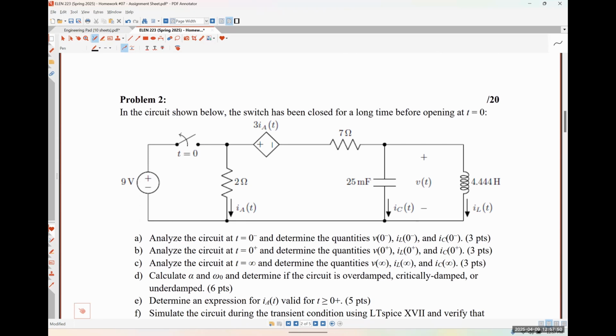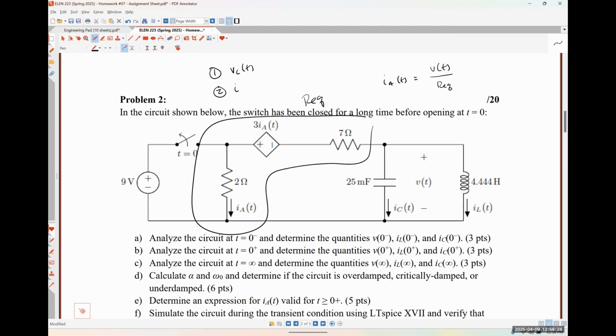If I recognize, and you have to recognize this at some point in order to actually solve this circuit, that this whole thing right here is some equivalent resistance, then the easiest way to solve this is recognizing that IA is just going to be V of t divided by Req. So if you solve for the capacitor voltage, from this, equation 1 is VC and 2 is IC. That's the most straightforward way to solve it.